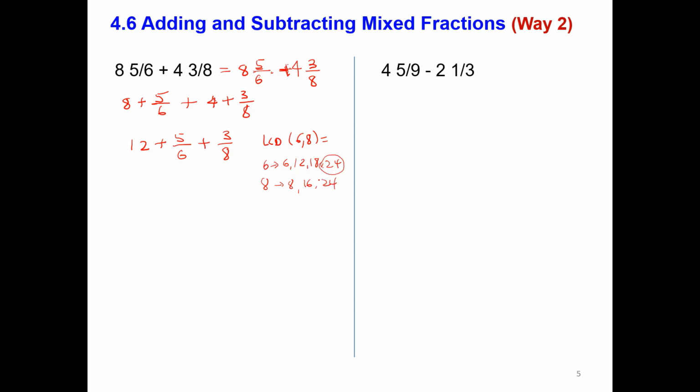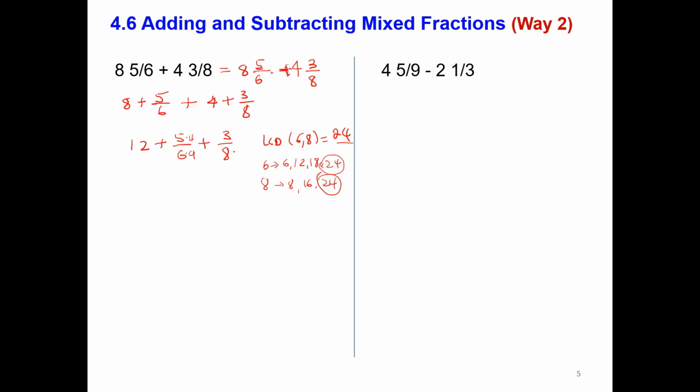Then the least common multiple, and we know least common multiple and least common denominator are the same, will be 24. And we want 24 as the denominator for both fractions. To get that, we need to multiply this fraction by 4, and we have to do the same on top.